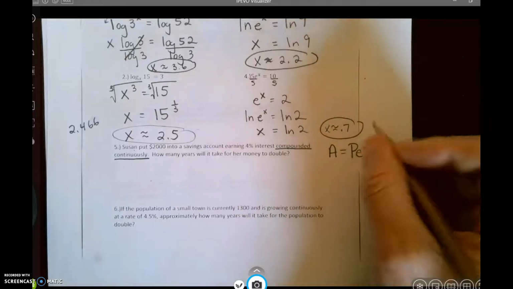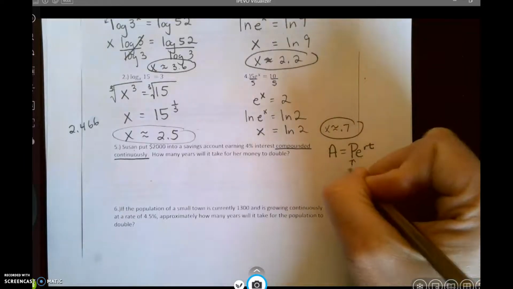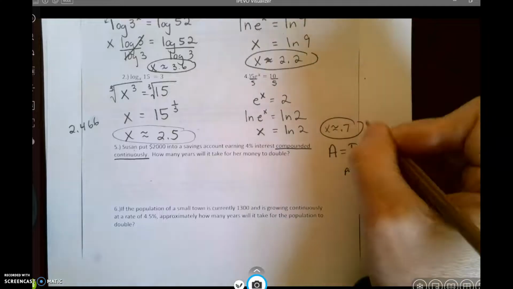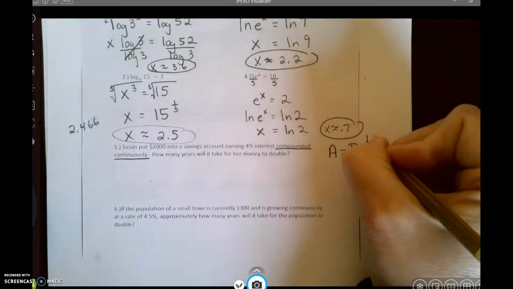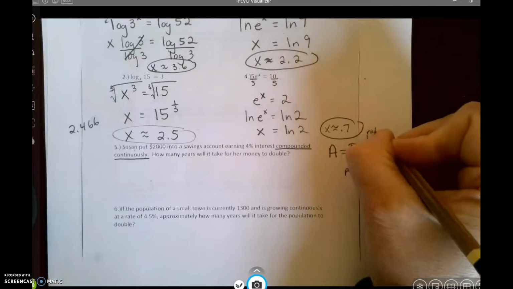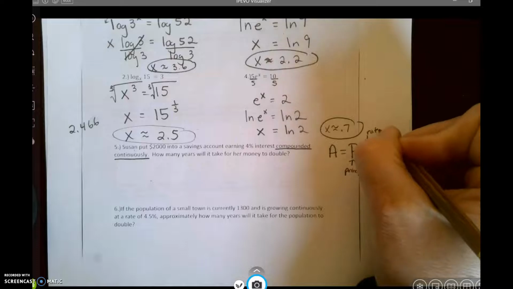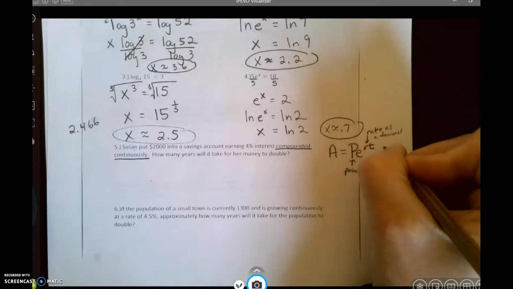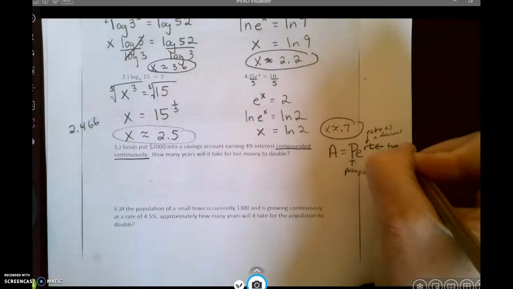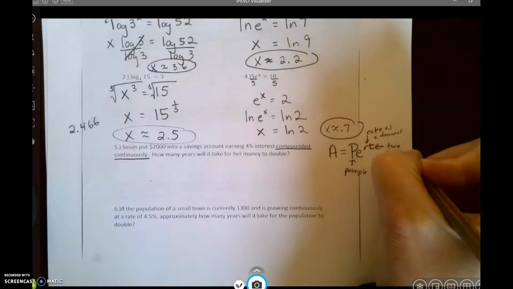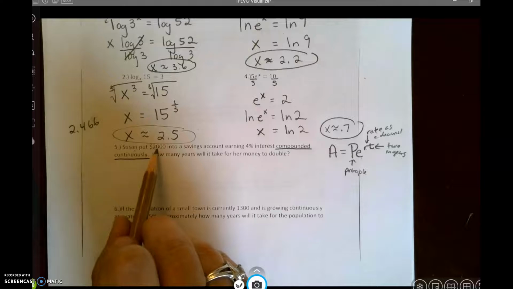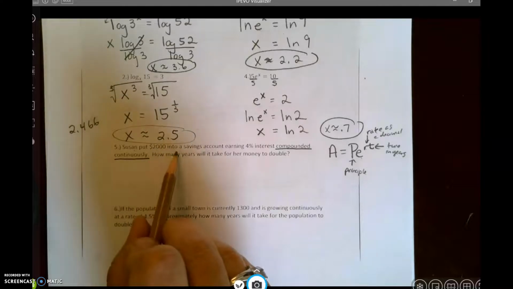in years. If you need to write that down, this is the principal, that means the amount that you started with. And then r is the rate as a decimal. t is time in years. All right, so Susan put $2,000 into a savings account.